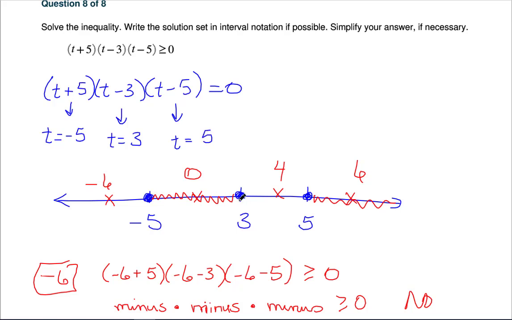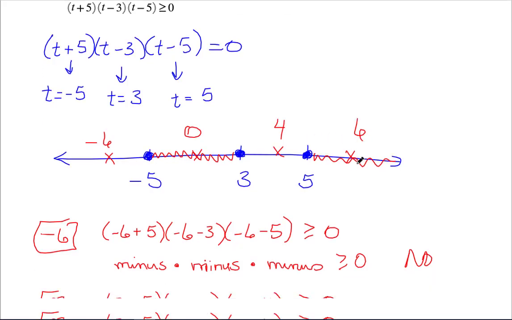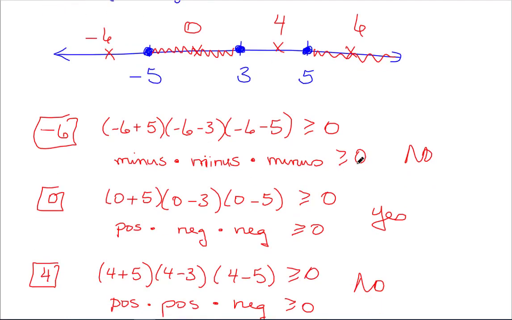So I plot all three of those numbers on the number line. And now I simply pick one test number from each region. Minus 6, 0, 4, and 6.